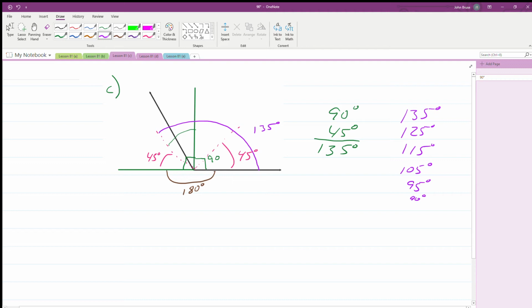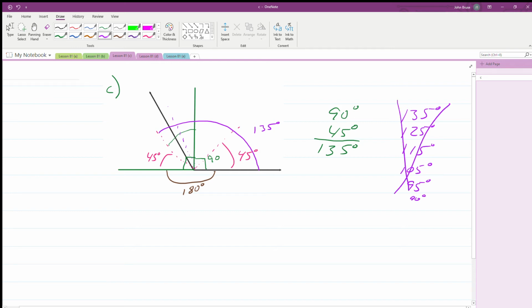So I would say half of this mark here is about half of 45 degrees. So let's go to 90 degrees. We know that that's 135. We want to subtract 45. I'm going to just ignore that.